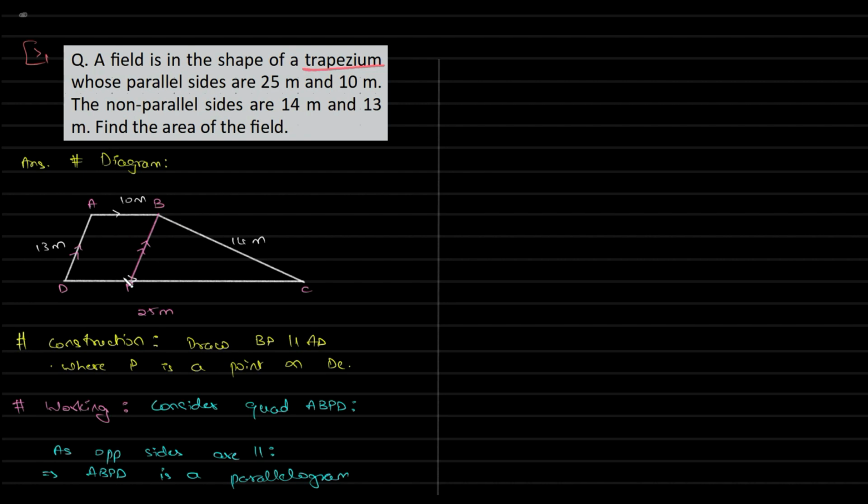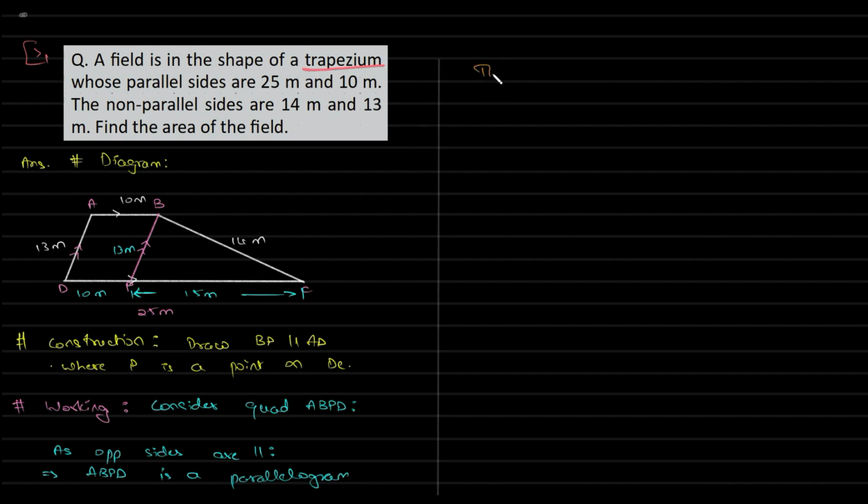And what is the length of the opposite sides? They are equal. So we'll end up with 13, 10, 10 and 13 again. And finding this will not be an issue. So this will be around 15 meters. That's your basic structure.